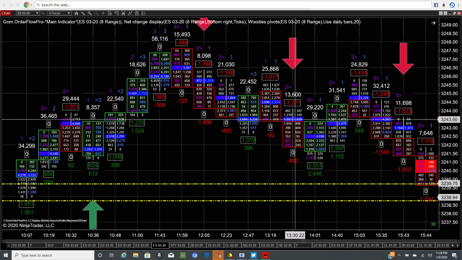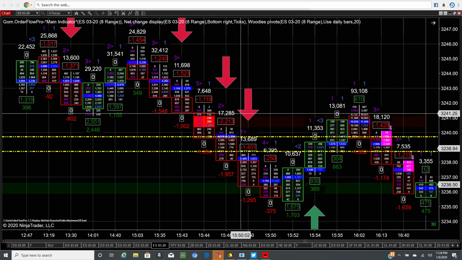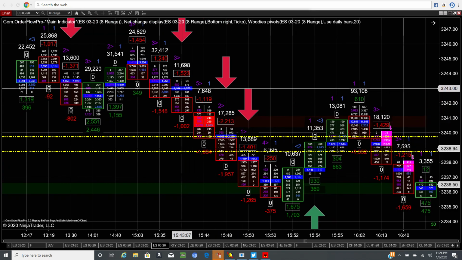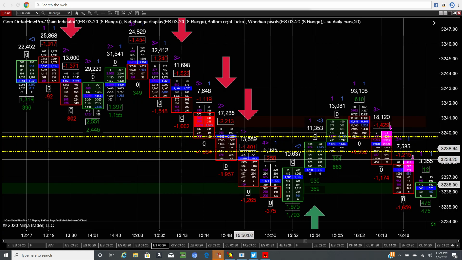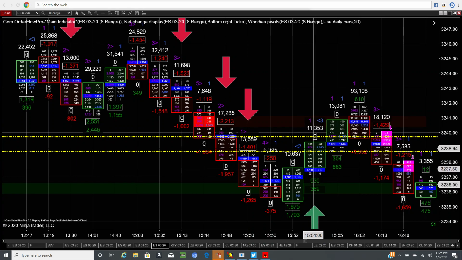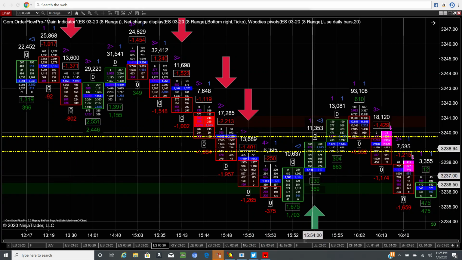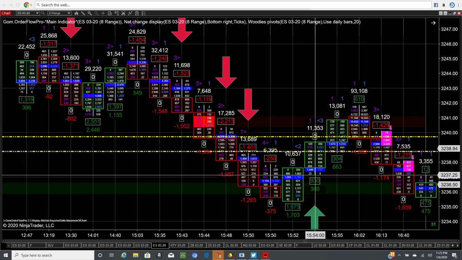Within 3 ticks. The point of control. Right? Another sell here. Another sell here. Another sell here. And a buy right here. Because for a buy signal, we're going within 3 ticks off the low of the candle.